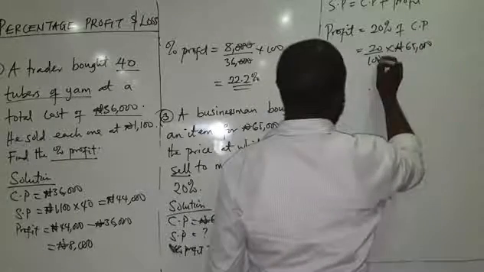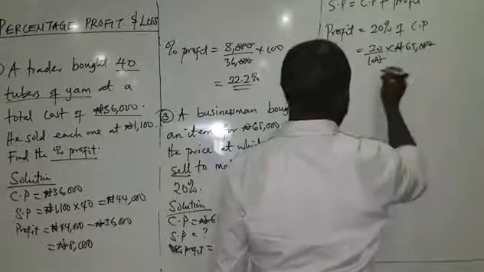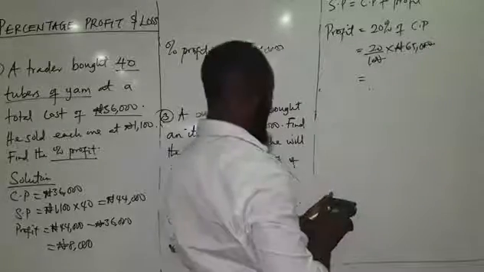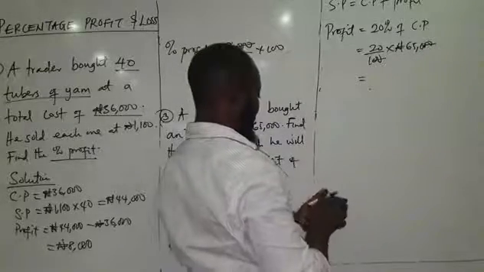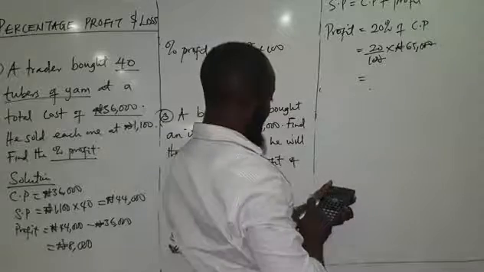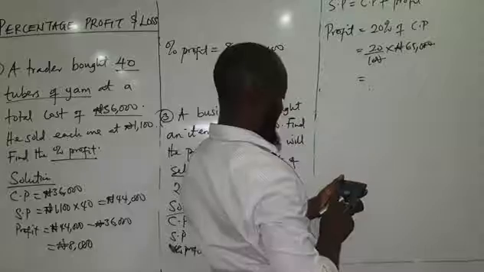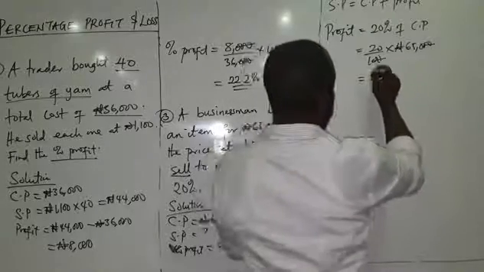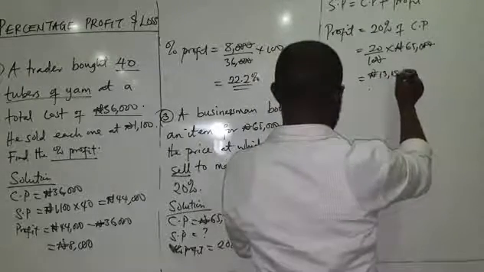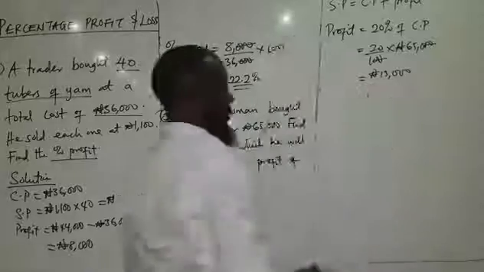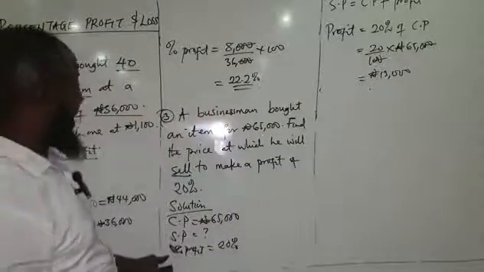So we cancel this zero, and we can then multiply 6,500 by 20, and that gives 13,000 naira. So this is the profit. What would now be the selling price?